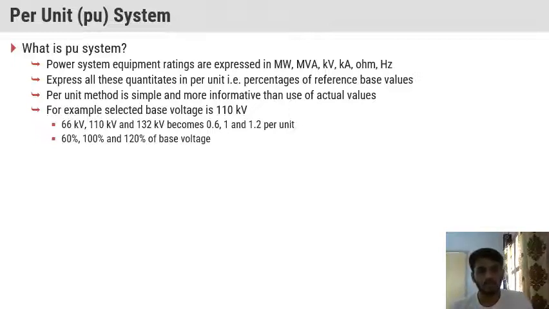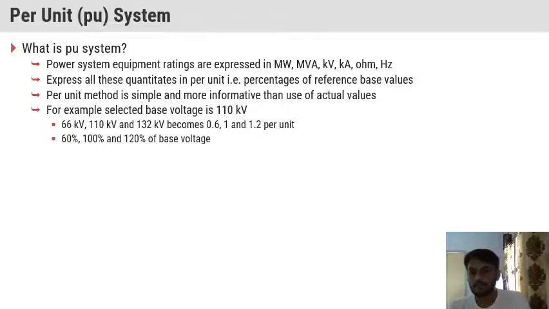For example, if you want to convert some selected voltages into per unit, and we take the base voltage as 110 kV, then if we want to convert 66 kV into the per unit system with a base of 110 kV, we get 0.66 per unit.